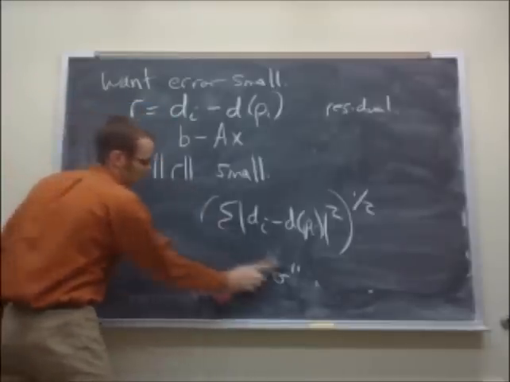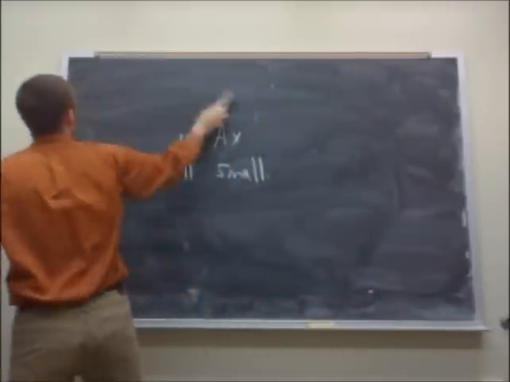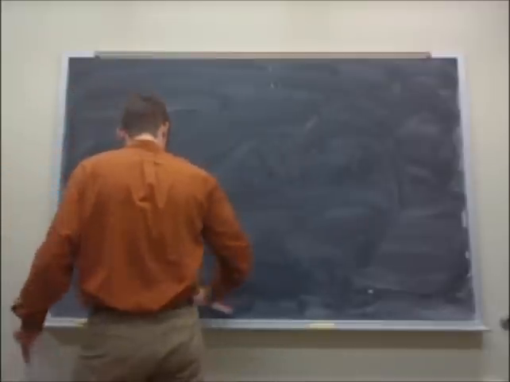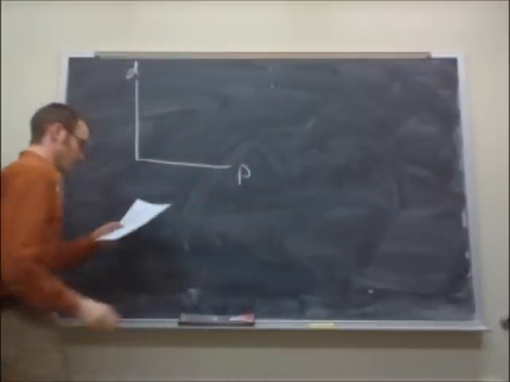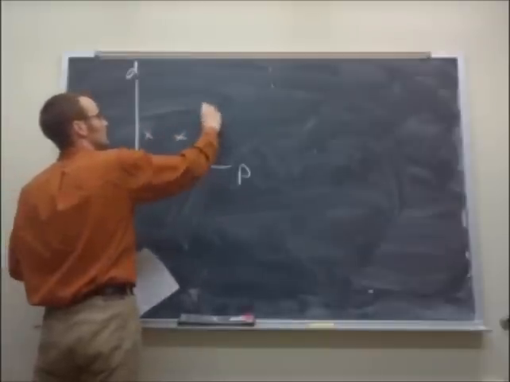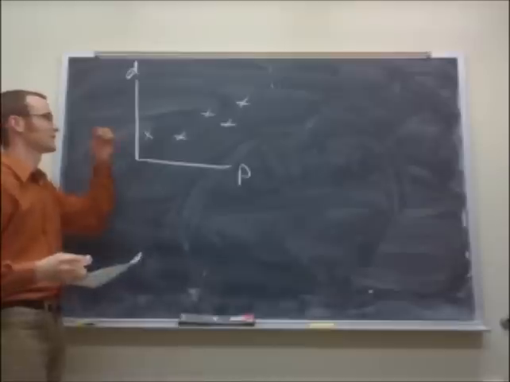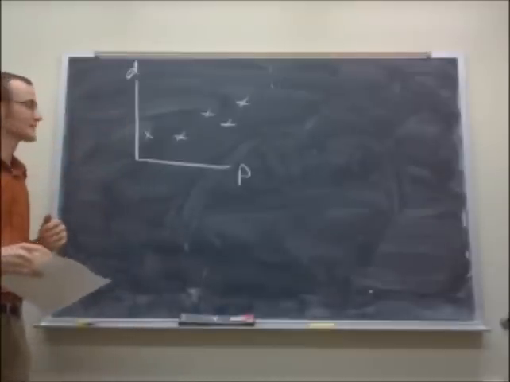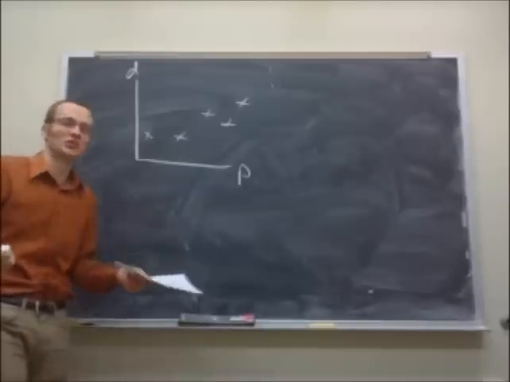So let's draw just a really quick picture. Here's d and here's p. Our data might look something like this, right? We have some points, and they're not all on a line, but we think they should be almost on a line.